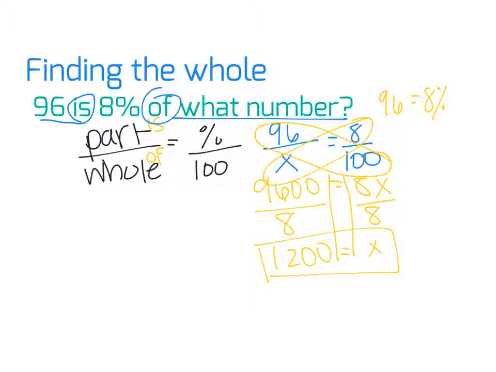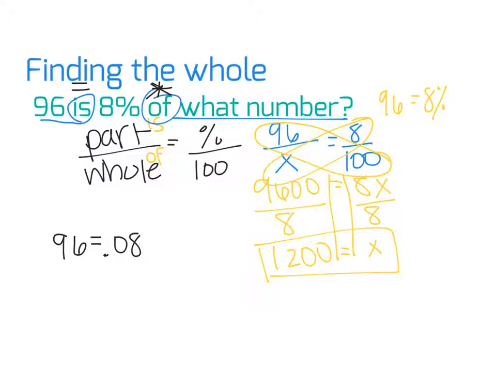Remember, "is" signifies equal. "Of" is going to signify multiplication. And then you would have 96 equals 8%. Got to change that either into a decimal or a fraction. I'm going to go ahead and change it into a decimal. You can do whichever one you prefer. Times what number?